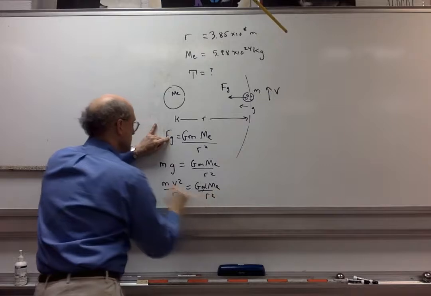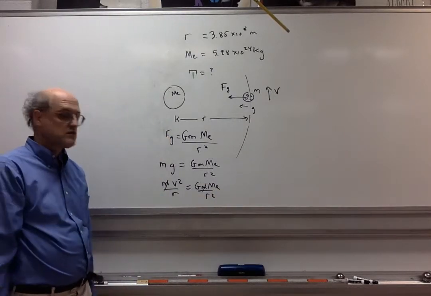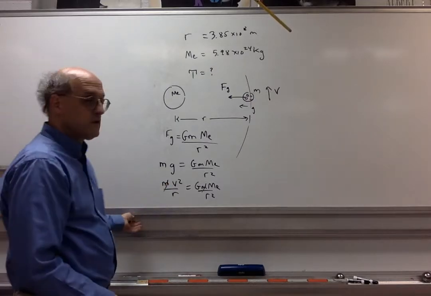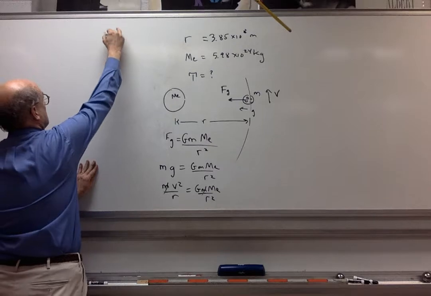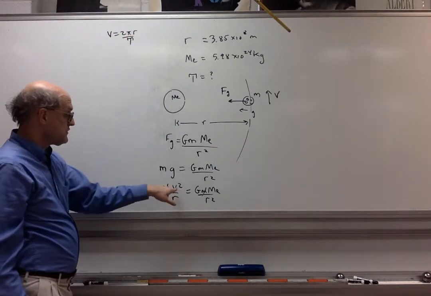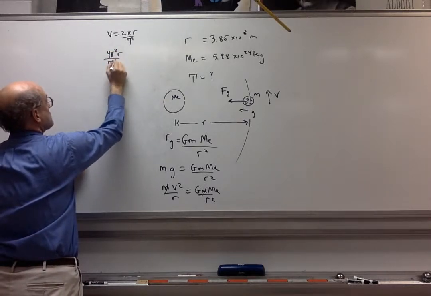Now you notice that the mass of the moon appears on each side of the equal sign, so that gets canceled out. V we can express as 2 pi r over the period. So I'm going to substitute that in here, and we get 4 pi squared r over the period squared.